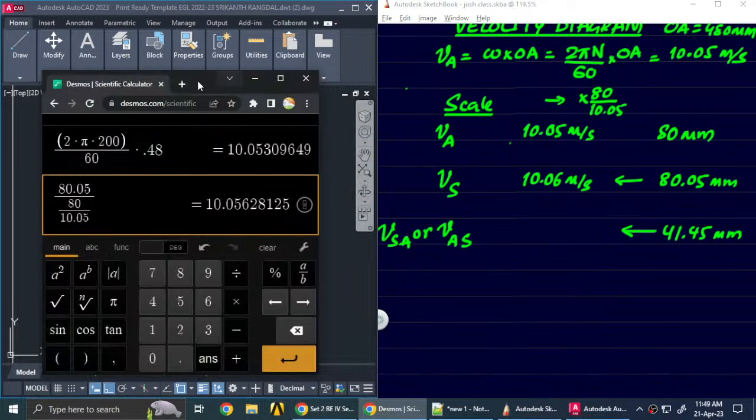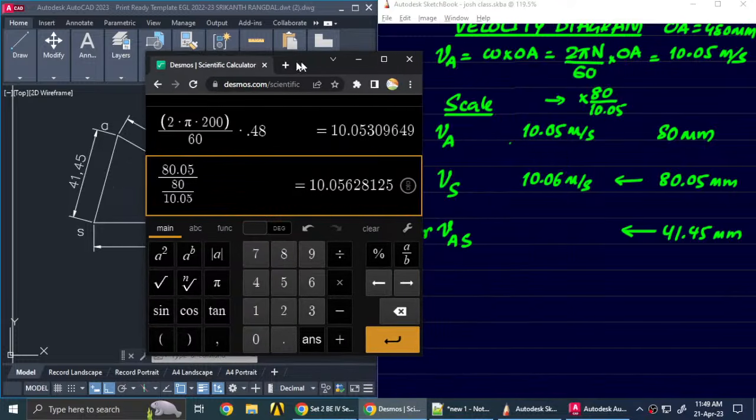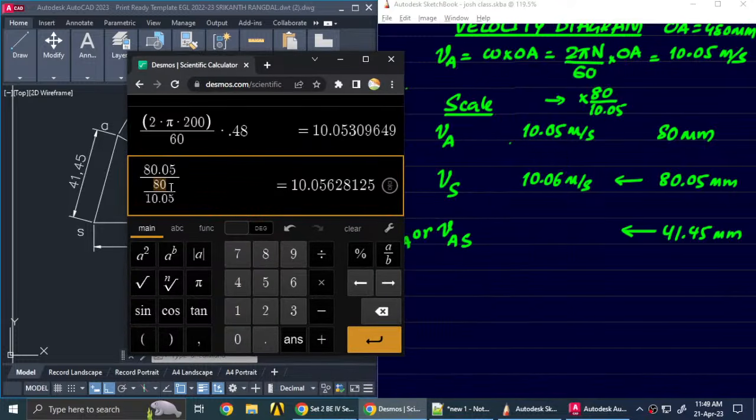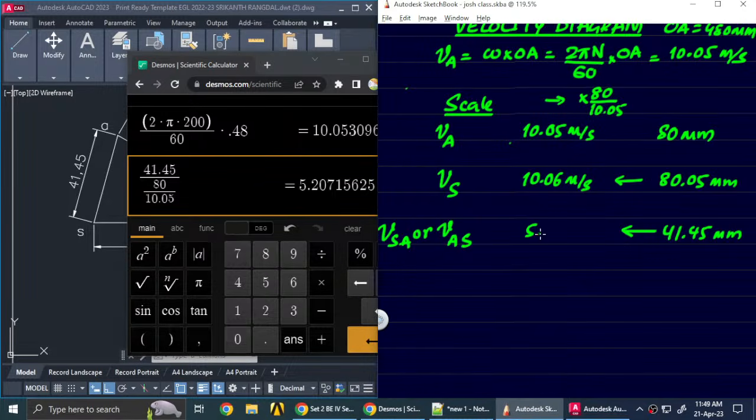So here, instead of this value, we have to take 41.45. So we're getting 5.21 meter per second. So these are the velocities.